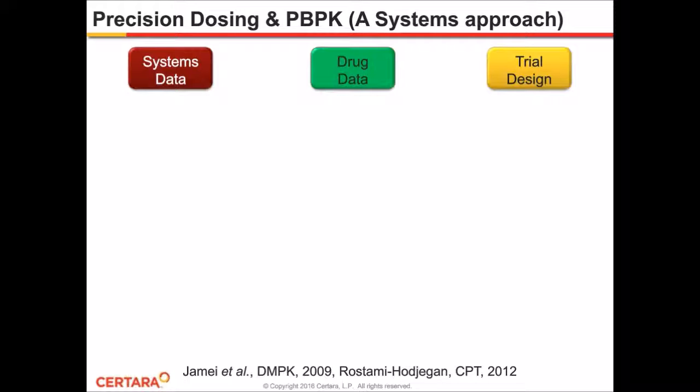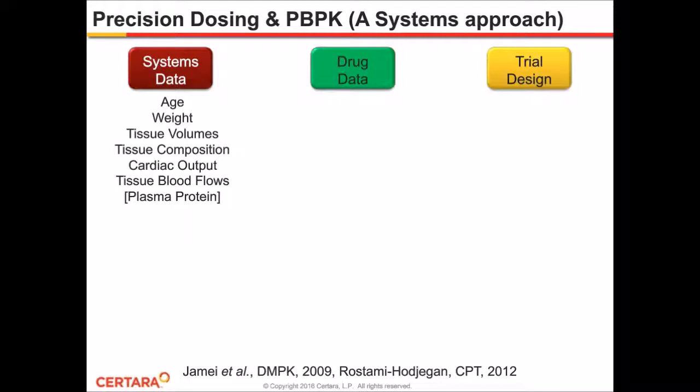And this is how we can represent the systems approach to PBPK modeling. The systems data involves your demographics, physiology, biochemistry, etc., regarding the individuals in the population that you are studying.